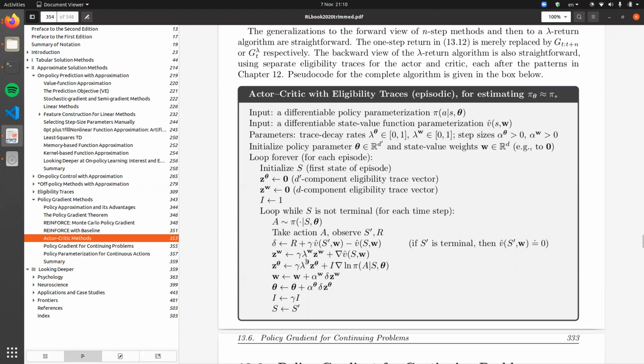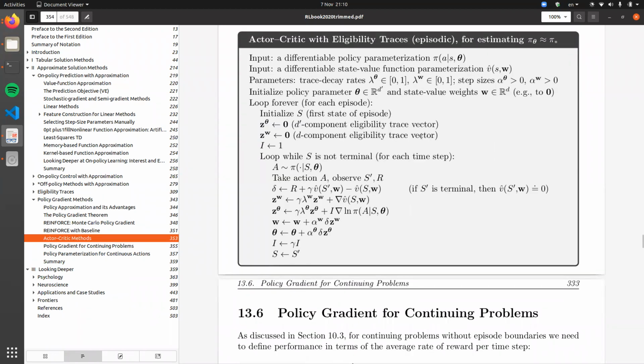Those are very similar to the ones introduced in the previous chapter. So that's the way to combine bootstrapping and policy gradient using eligibility traces, the actor-critic with eligibility traces algorithm for the episodic task.